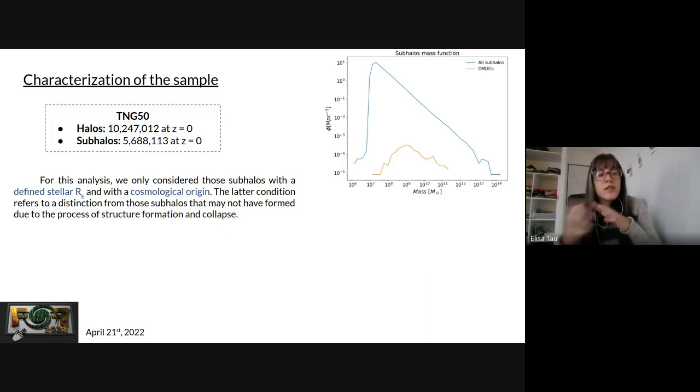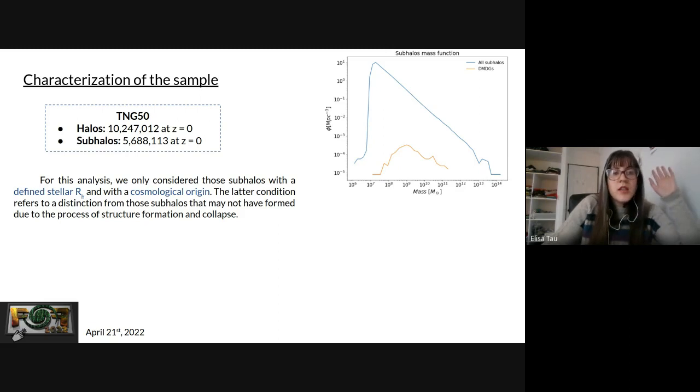And on the other hand, we chose to study the subhalos that simultaneously have a cosmological origin. This is because there are some substructures in the simulations that do not have a cosmological origin, so they would not be galaxies that formed during the process of structure formation and gravitational collapse.